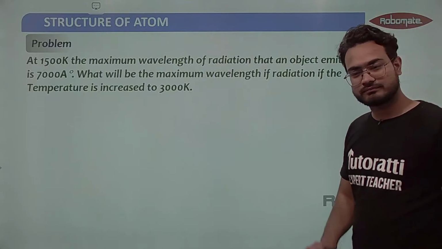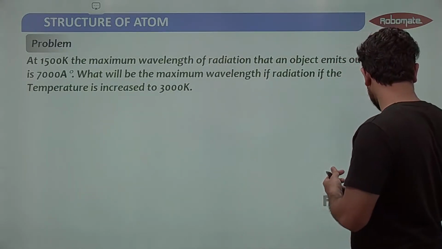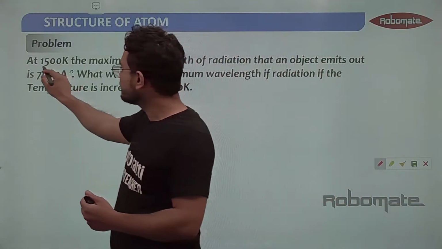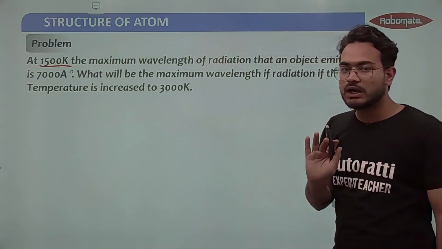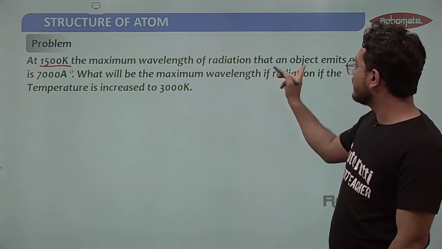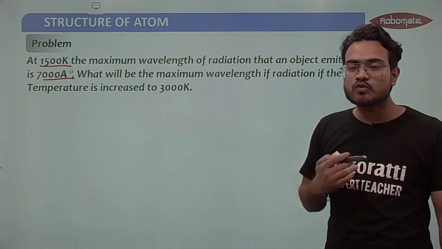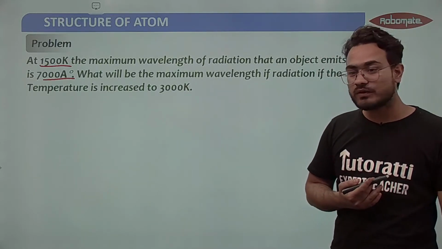Okay, so what are the factors that we have here? Here we have that the maximum temperature is 1500 Kelvin, and it emits a wavelength of 7000 angstrom. Okay, Sarthak has given an answer. Let's see whether he is correct or not.